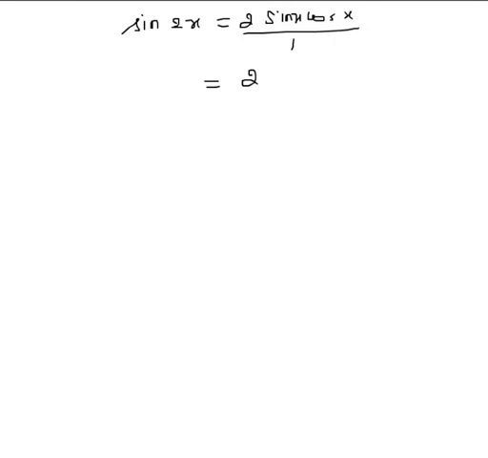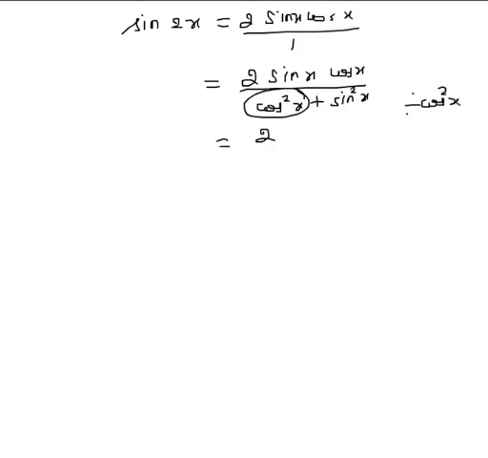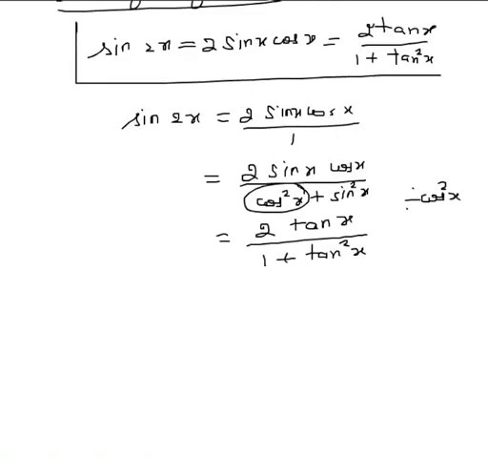We are replacing that 1 by the identity cos square x plus sin square x. Now let us get 1 here. I have to divide by cos square x. If I divide by cos square x, one cos term will get cancelled. Sin x by cos x gives you tan x. This becomes 1, and sin square by cos square gives you 1 plus tan square. That's how we get this 2 tan x by 1 plus tan square x formula for sin 2x.